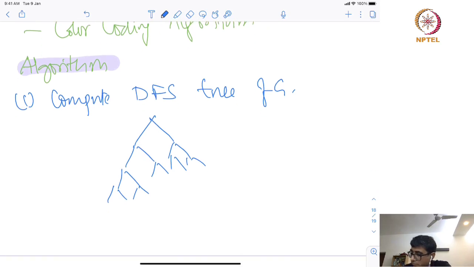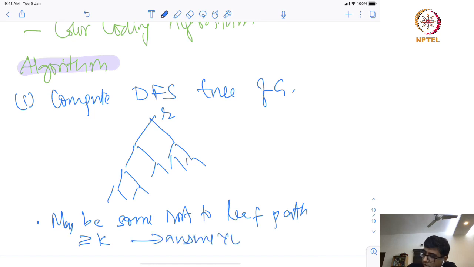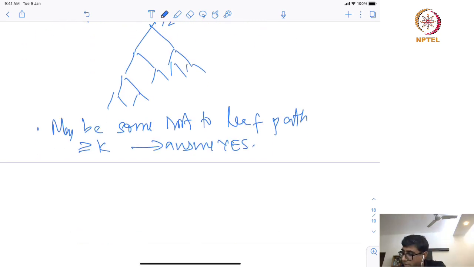What could happen? Suppose I started at root, maybe some root to leaf path is already of length greater than k.